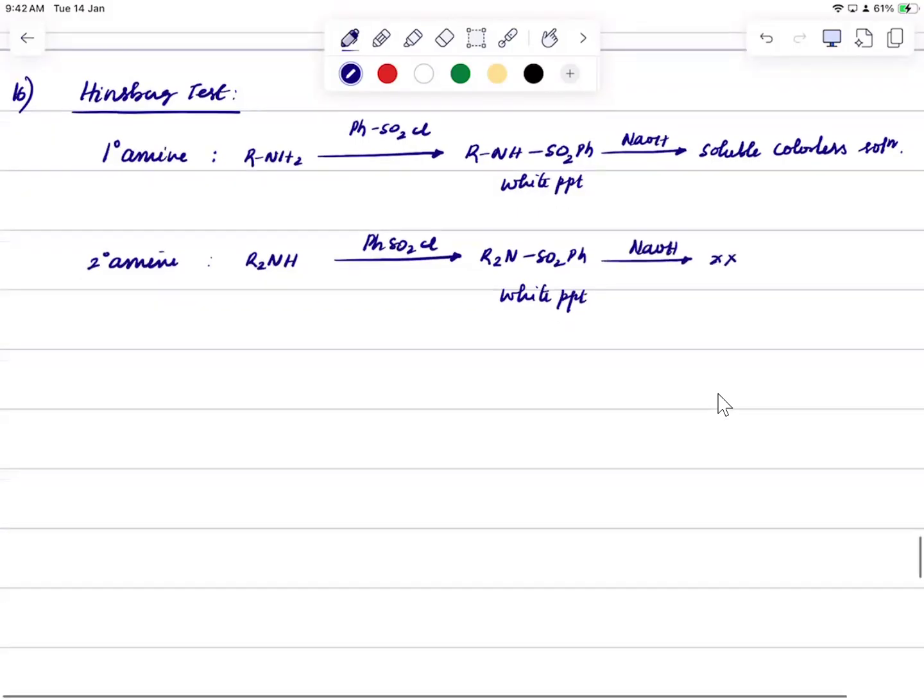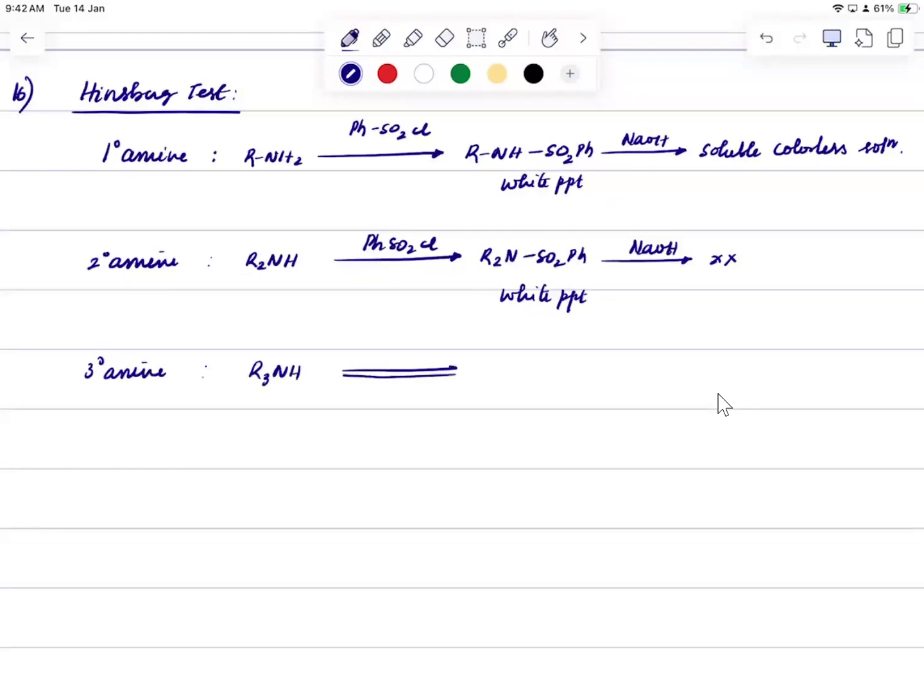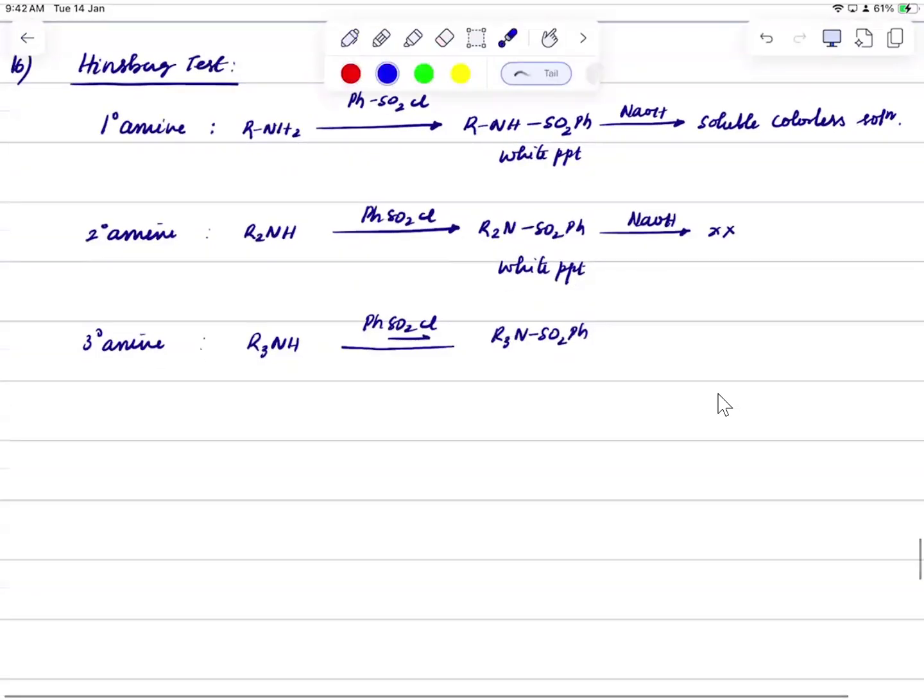That means it will remain insoluble. 3 degree amine, R3N with PhSO2Cl, but the equilibrium mainly lies in the backward direction. So it will hardly make any reaction. So this will remain soluble.